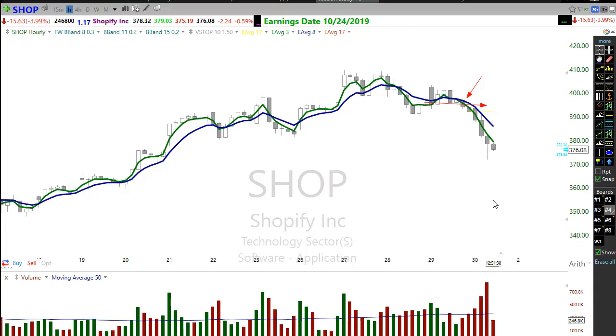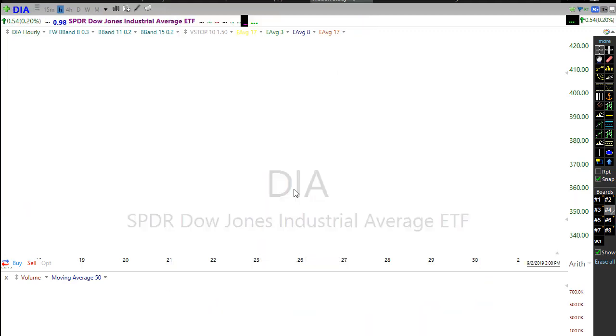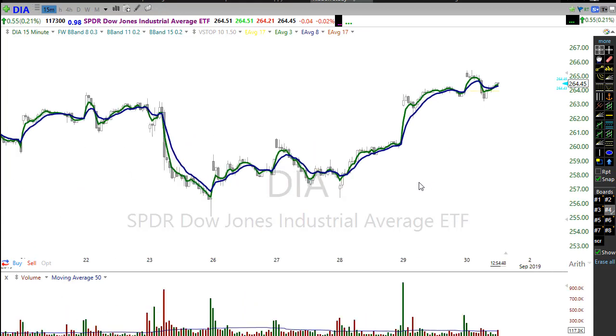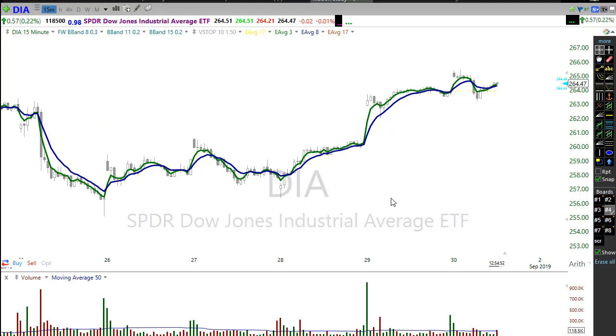Even going to the diamonds 15 minutes, I've been calling these trades over and over and over on a diamonds 15-minute chart, successful long and short trades on a 15-minute basis. So we adapt with the market condition.